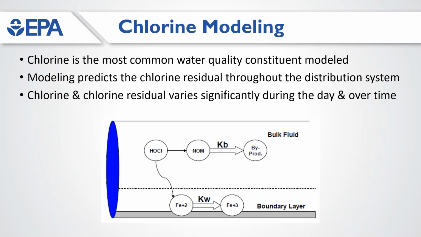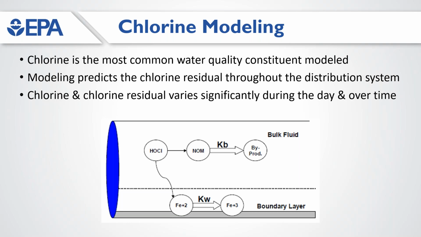Here is basically a graph. It looks quite complicated. The reaction between hypochlorite and natural organic matter generates disinfectant byproducts. And on the wall, the chlorine serves as an oxidizer for some corrosion or whatever reaction on the wall.